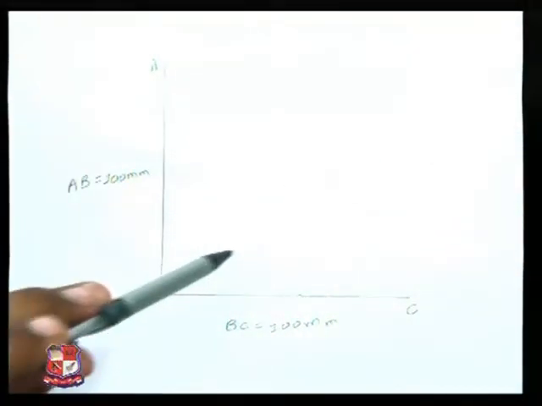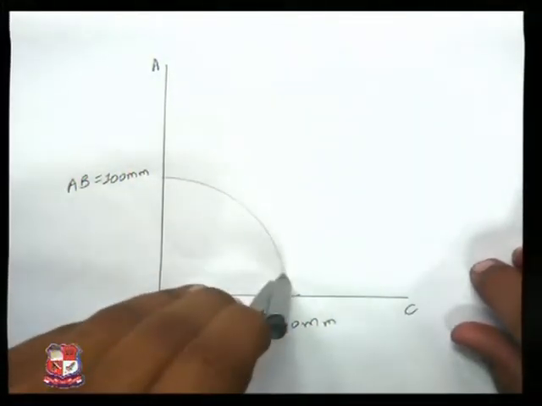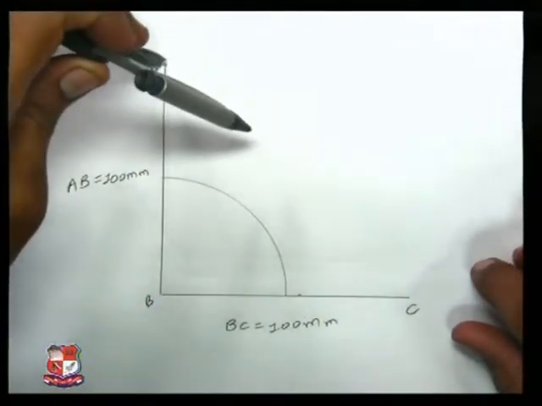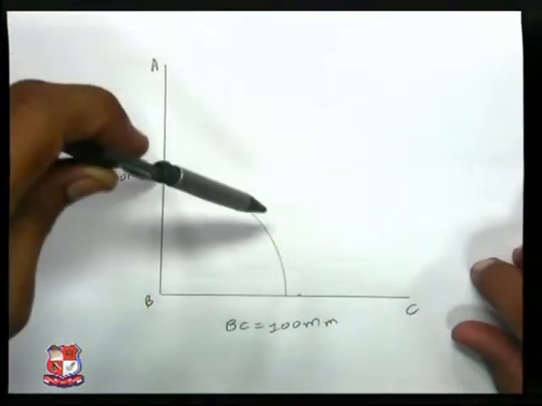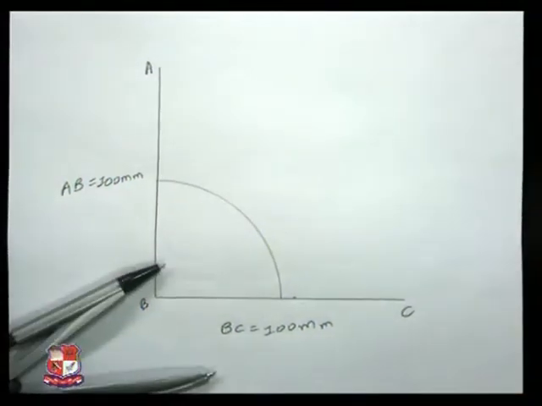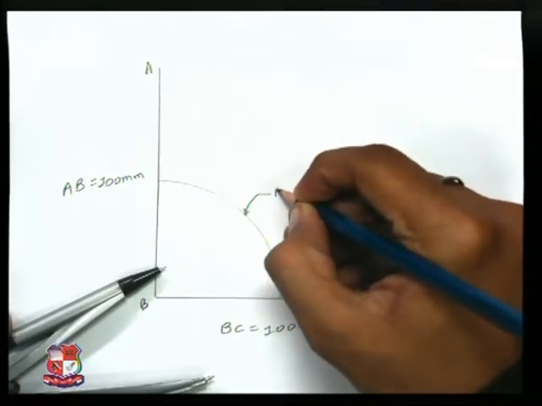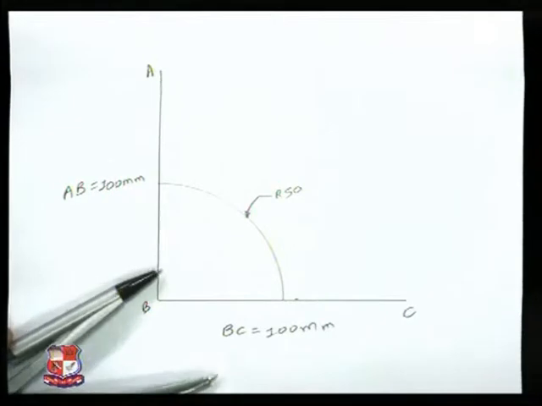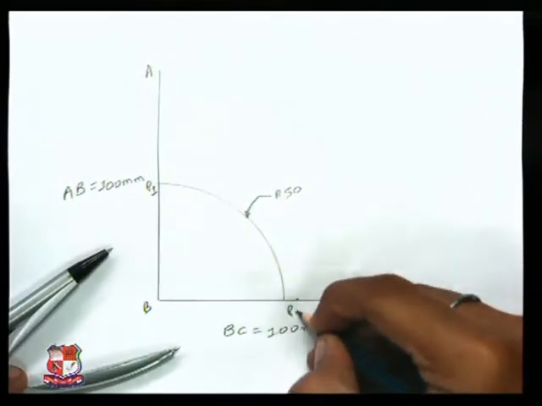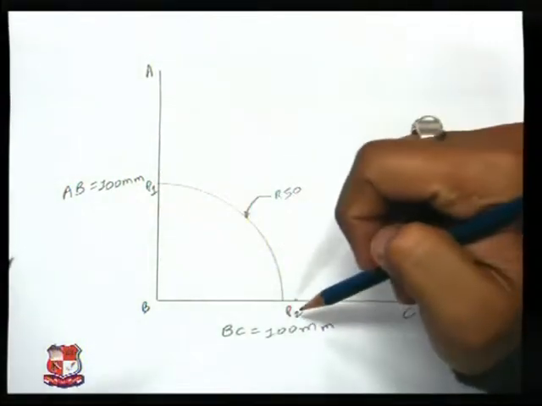Here I am taking 50 mm as radius. Let's call these points P1 and P2.